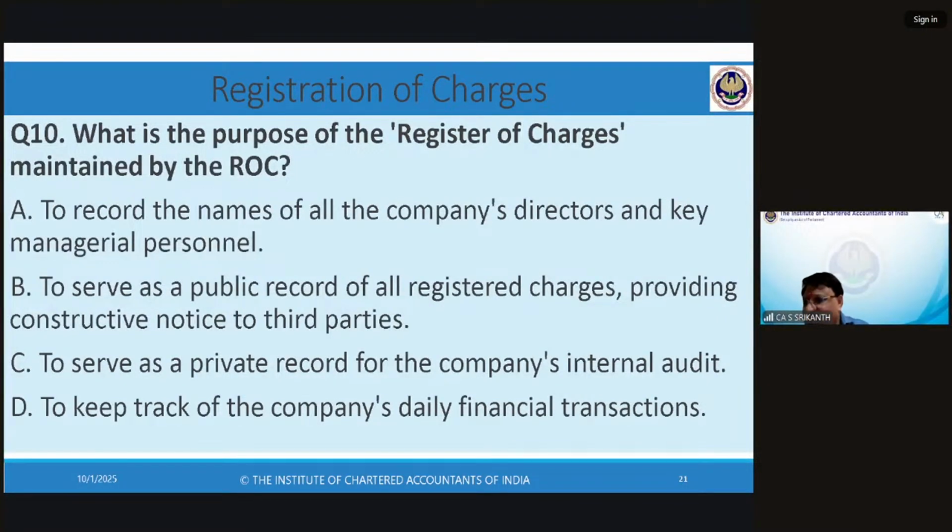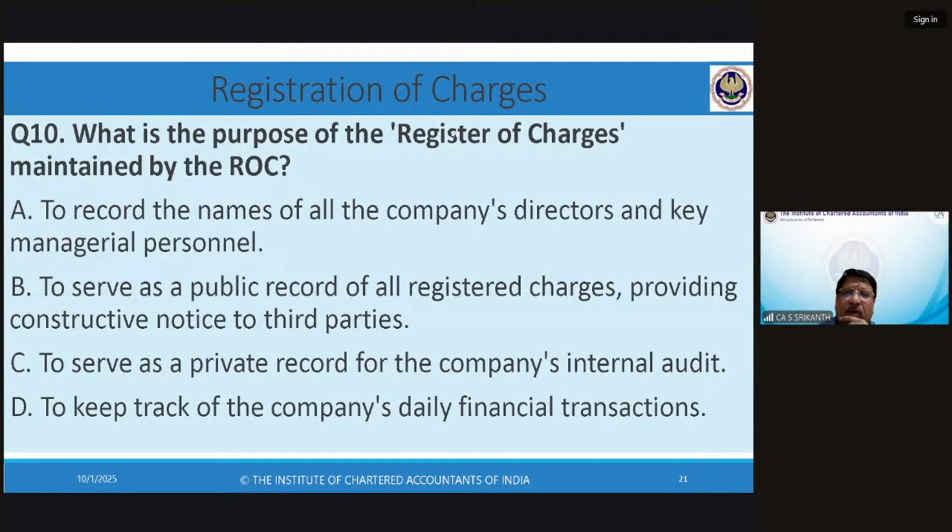I think I missed that slide. Hey, nobody is doing anything in the query pad. Everybody is in chat. To record the names of all the company's directors and KMP. No. There is a register, but not this. It's maintained by the company. And of course, it is there in the official record of the company in the MCA. When we upload a form, that form will be available, which contains the names of directors in it.